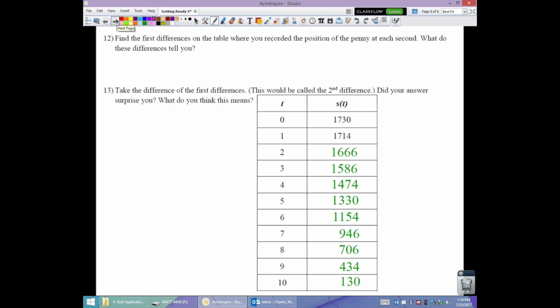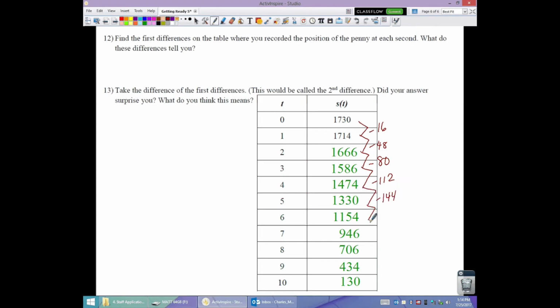So let's go back to your table and look at the first differences. Okay, so 1730 to 1714, that goes down 16. Then we went down, 1434, down 48. Then it goes down 80. And then it goes down 112. And then it goes down 144.